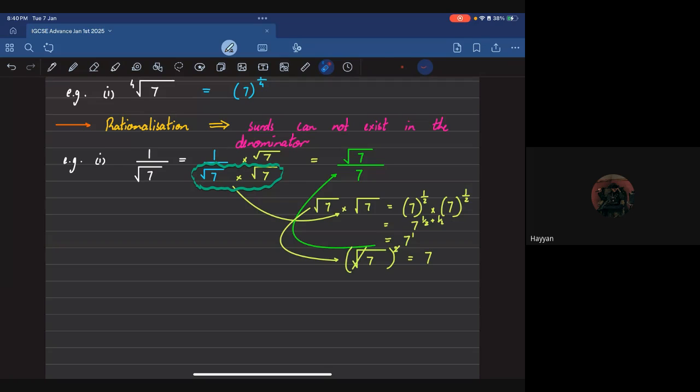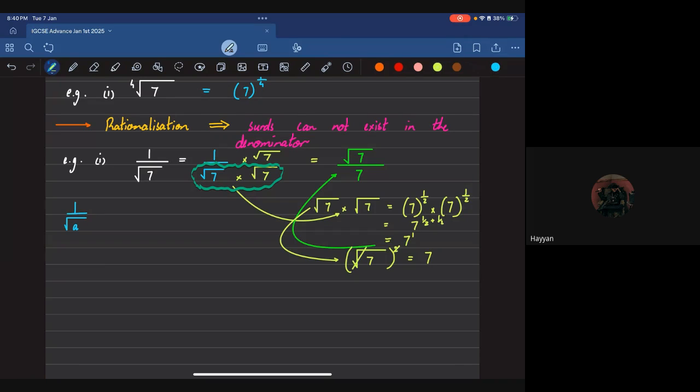All right. Keeping this in mind, now we can know how to rationalize something. So if I were to write down a very general, generic version of this, it can be done like this.